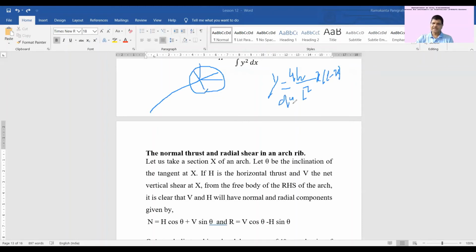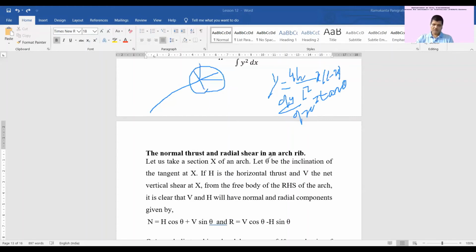This dy by dx is nothing but tan theta. So from this you can find the value of theta, and then sin theta, cos theta, all things can be obtained.